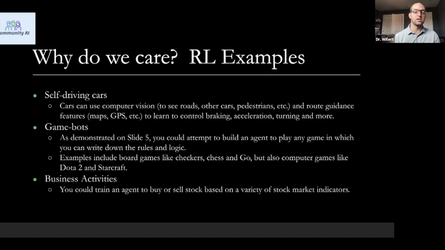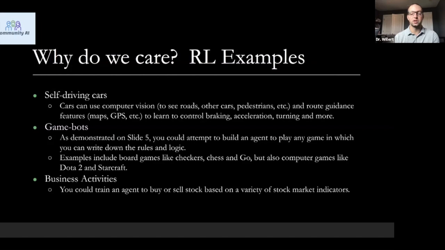Game bots are another very common example. As demonstrated a few slides back, we could build an agent to play any game in which we could write down the rules and logic. So tic-tac-toe is a really simple example, but there are more complicated games, including board games like checkers, chess, and Go.